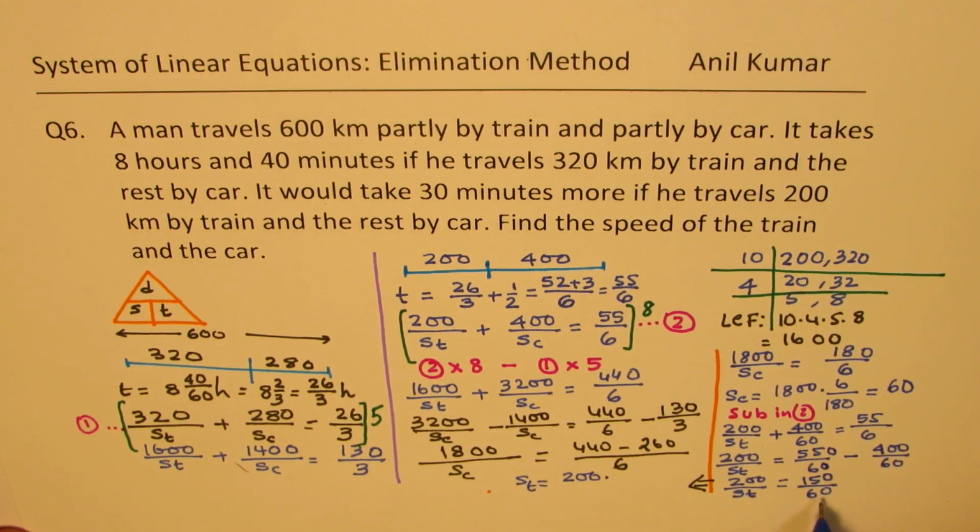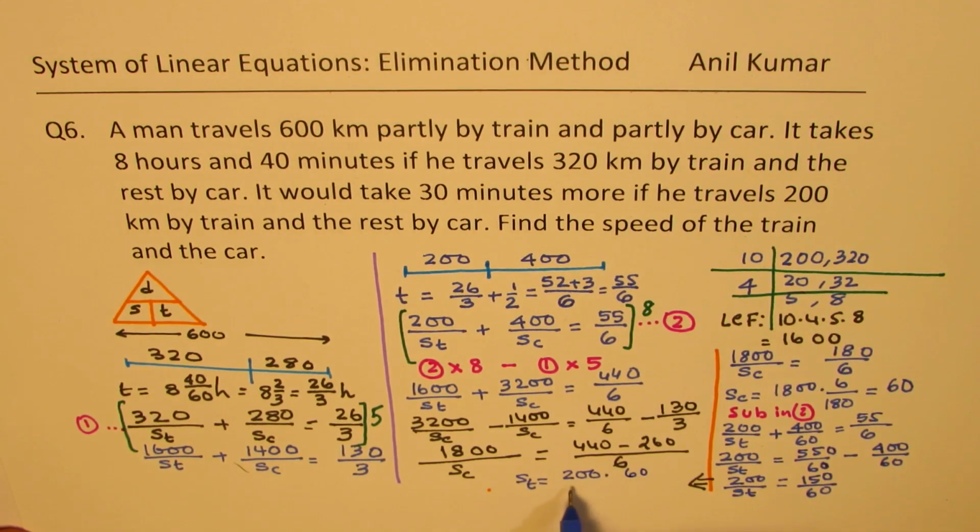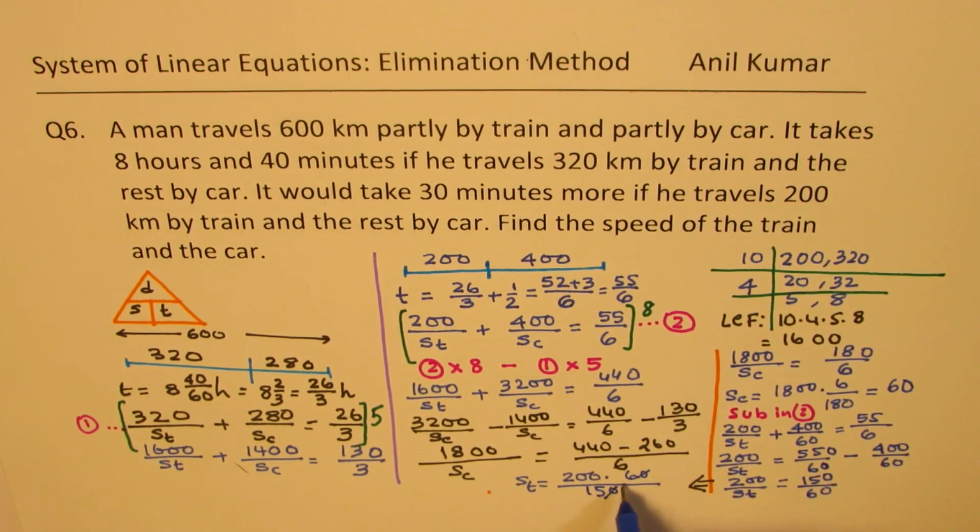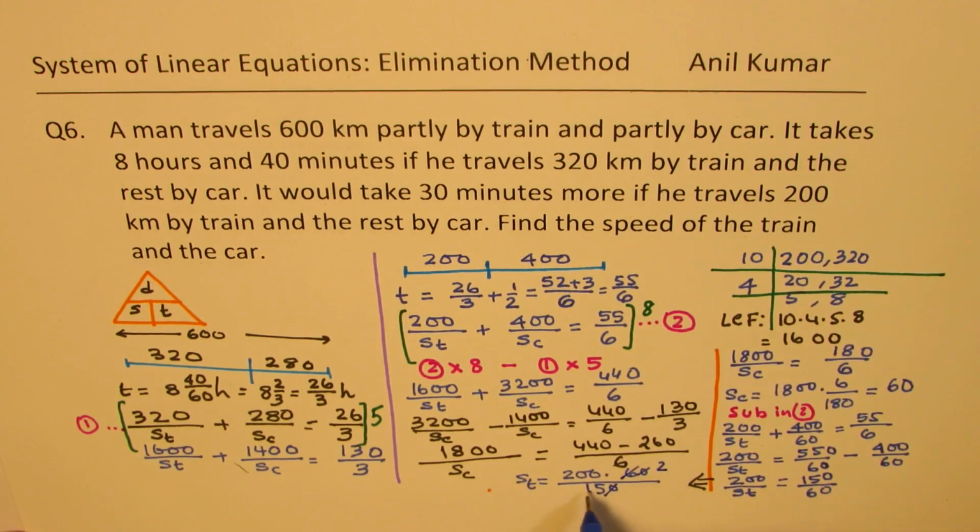So 60 divided by 150. Clear? So you can now simplify, cancelling zeros, and both can be divided by 3 and 5. Correct? So by 3 we get 2, and 3 times 5, and 5 goes 40 times. 40 times 2 is 80.